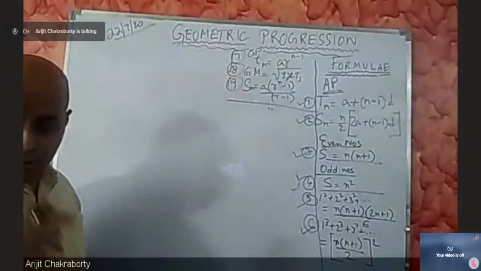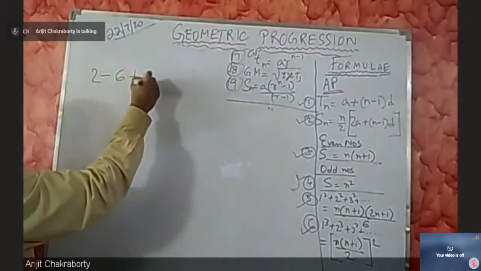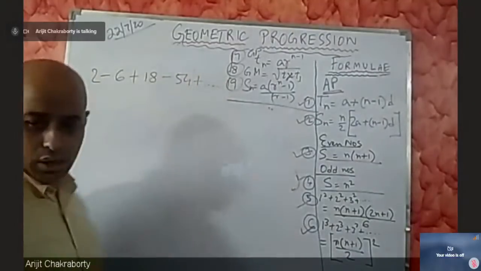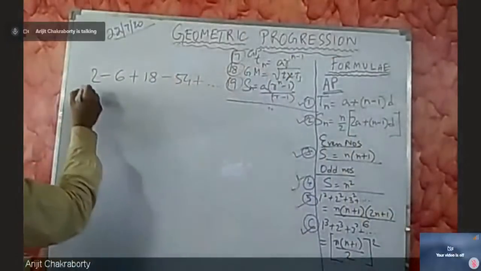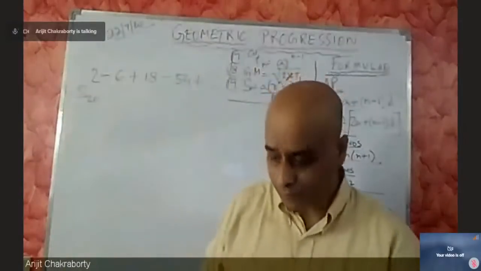I am writing the progression like this: 2 minus 6 plus 18 minus 54 plus, like this, it goes on. You have to find out the sum of the first 20 terms, that is S20.